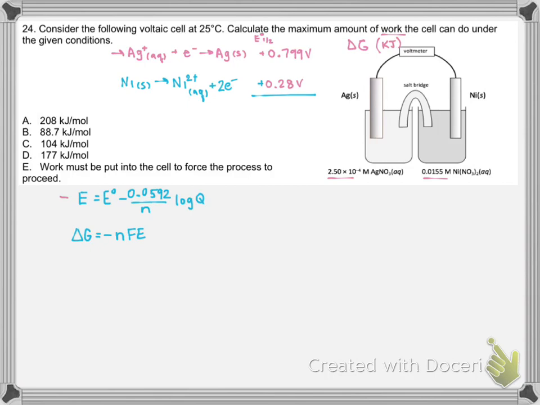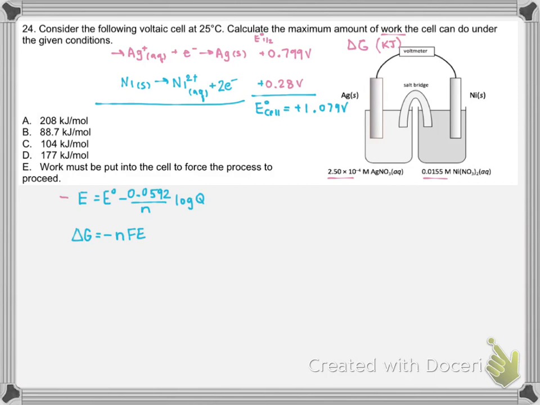Now I can add those two potentials together to get my standard cell potential, which is positive 1.079 volts. And I want to add these two reactions together to get my overall equation. But when I add them, I need the electrons to cancel, and right now that's not going to happen.